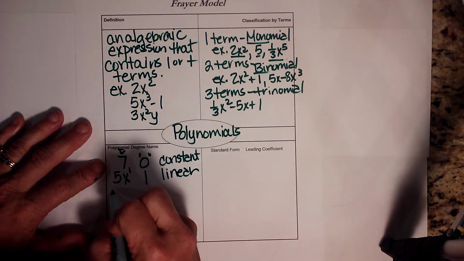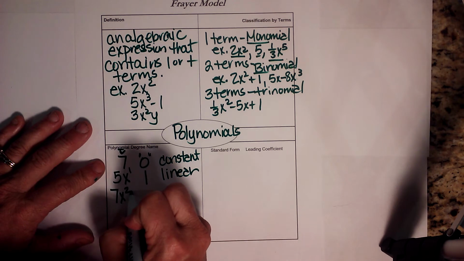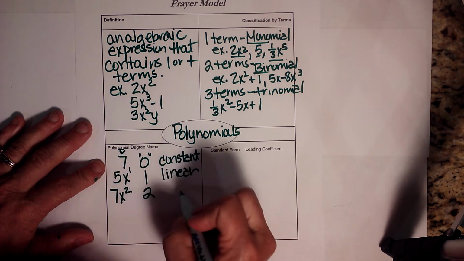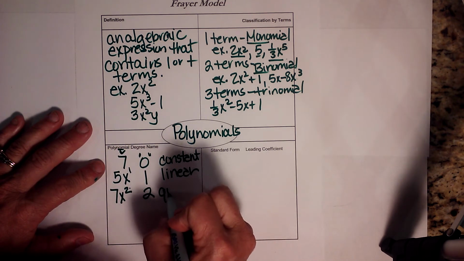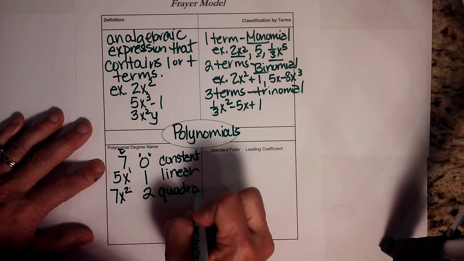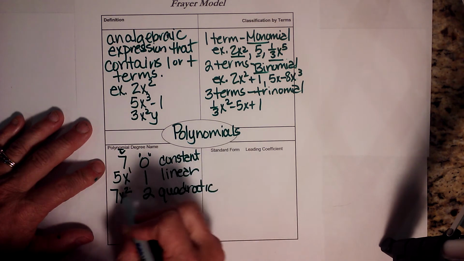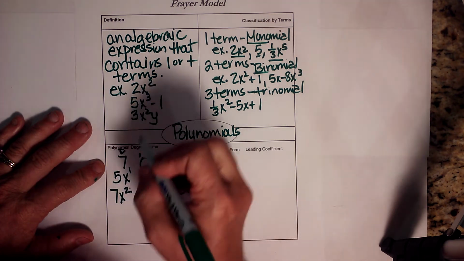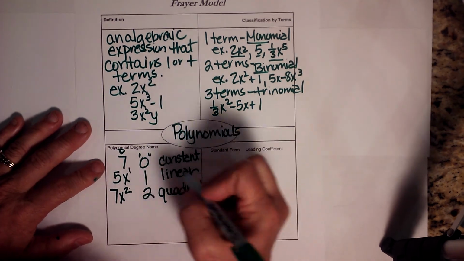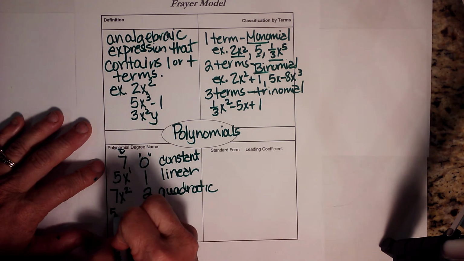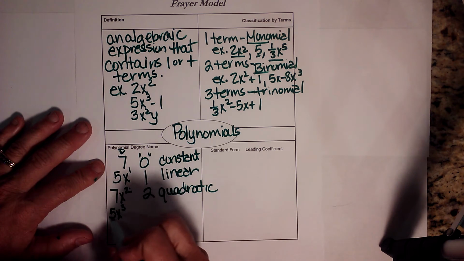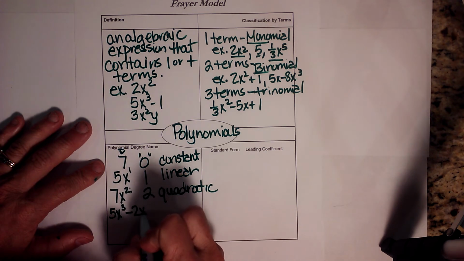Okay, the next one would be 7x squared. This has a degree of 2 because the variable is to the second degree, and that one's called a quadratic. Now don't be tricked. Quad typically means 4, but in this case it's a second degree because it's a shape that is square, or 4 sides. And then the last one we're going to look at is a third degree equation. So I'm going to give you a polynomial with a third degree and with a second degree.